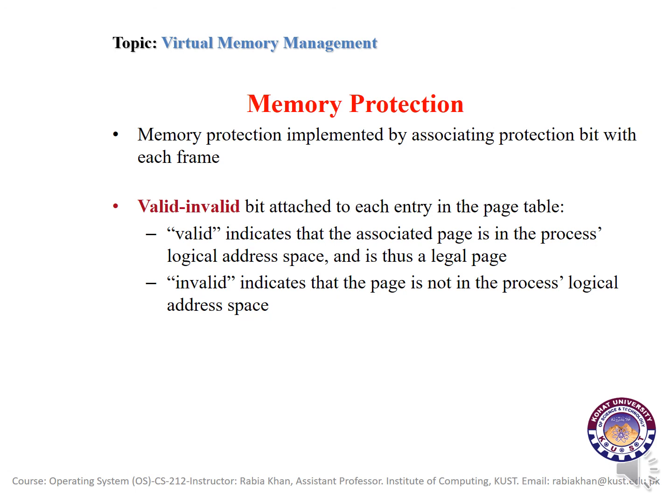The protection is ensured using a valid-invalid bit. The valid-invalid bit is associated with every entry of the page table. Valid means the respective page is present in the main memory, while invalid means the page is not present in the main memory.